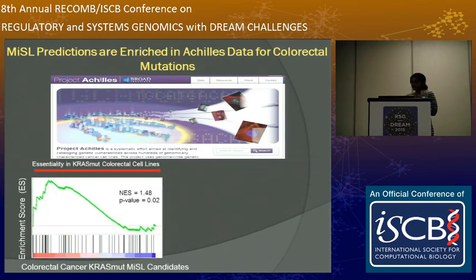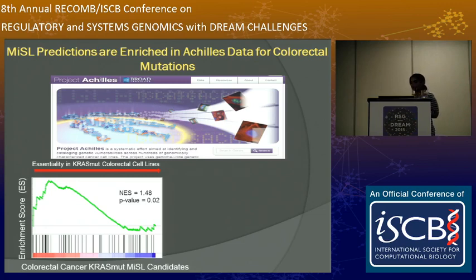This is a summary plot of comparing Achilles data with our results. What I did was rank the genes according to essentiality in KRAS mutated colorectal cancer, and what we found as per a GSEA analysis is that the KRAS mutated MiSL candidates came up towards the top of the list.